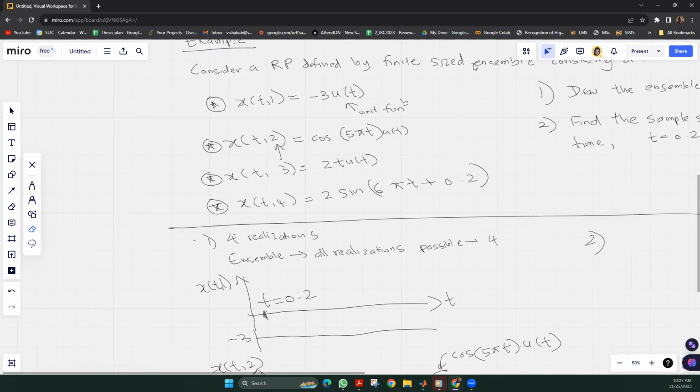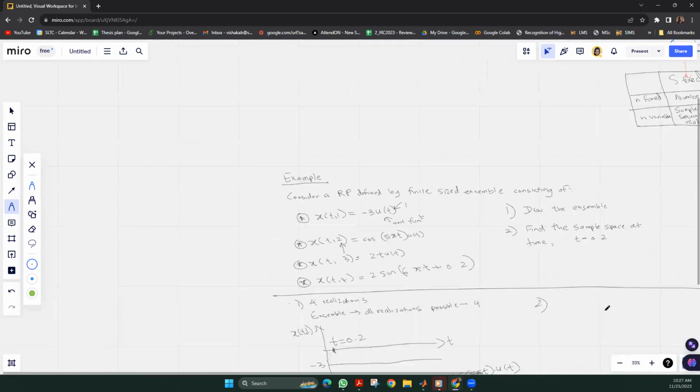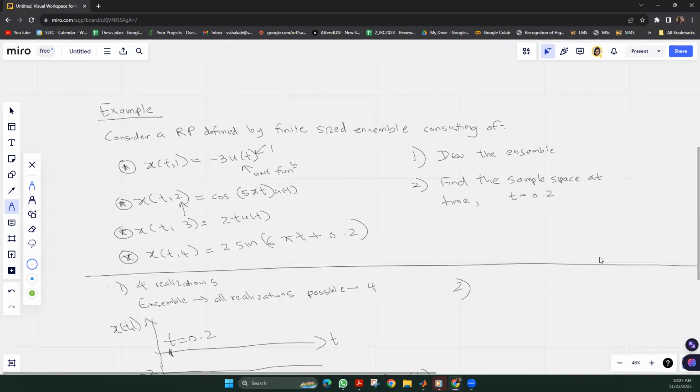For t equals 0.2 also, the u(t) value is 1, and the resultant value from the first realization at t equals 0.2 is x(0.2, 1) is -3.